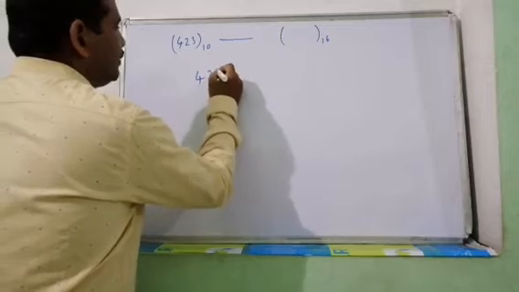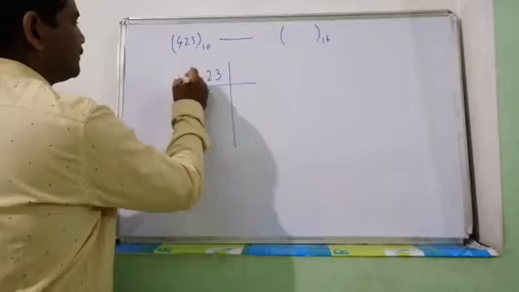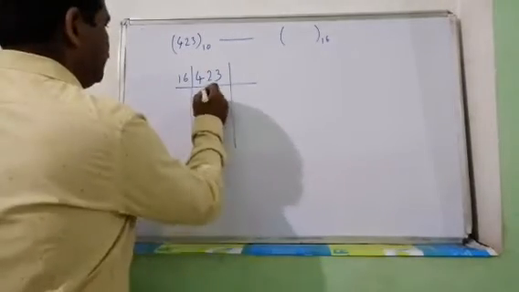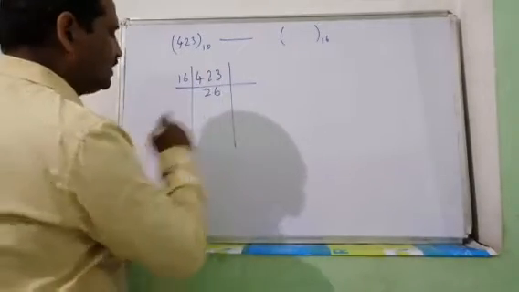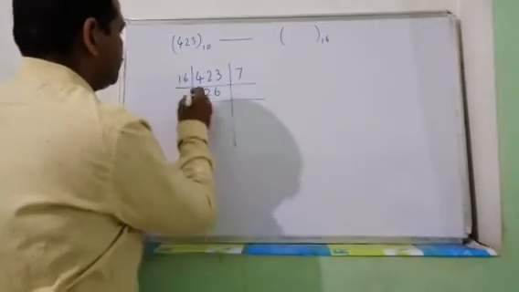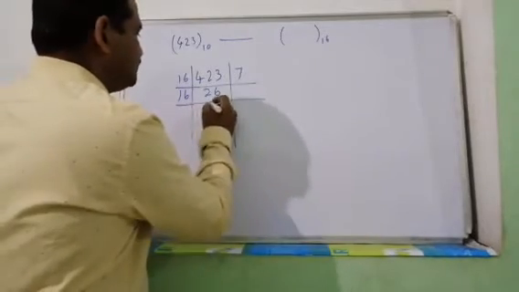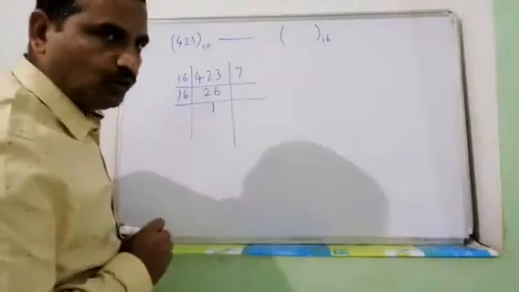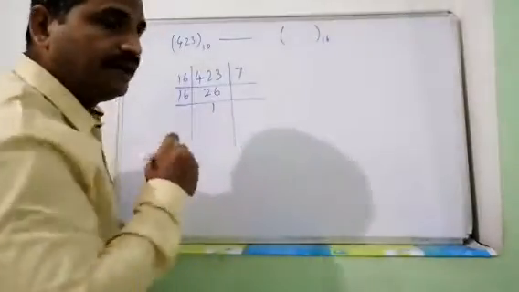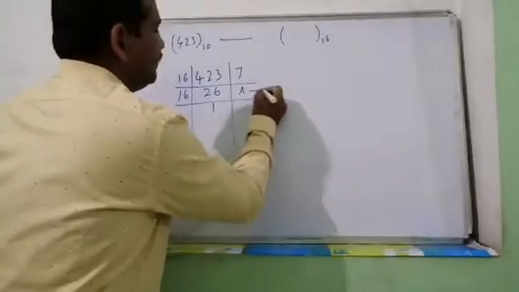It will be 26 quotient and 7 remainder. Now again we have to divide 26 by 16. 16 times 1 is 16, so 1 will be the quotient and the remainder will be 10. But we will write 10 as A.